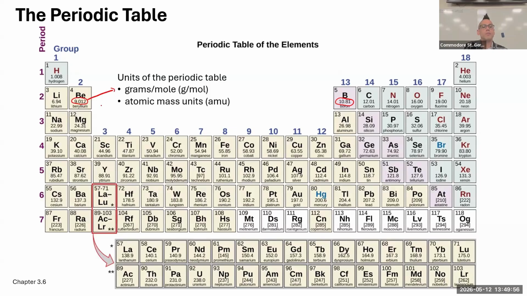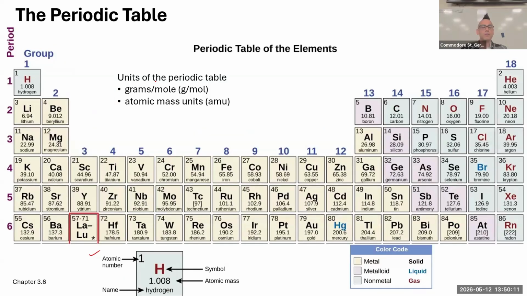They could be in grams per mole or atomic mass units. I'm going to throw it at you a bunch of times so that it sticks. This is what we're mainly going to use from the periodic table. The other stuff gets used every now and then, but not a lot at these levels of chemistry.